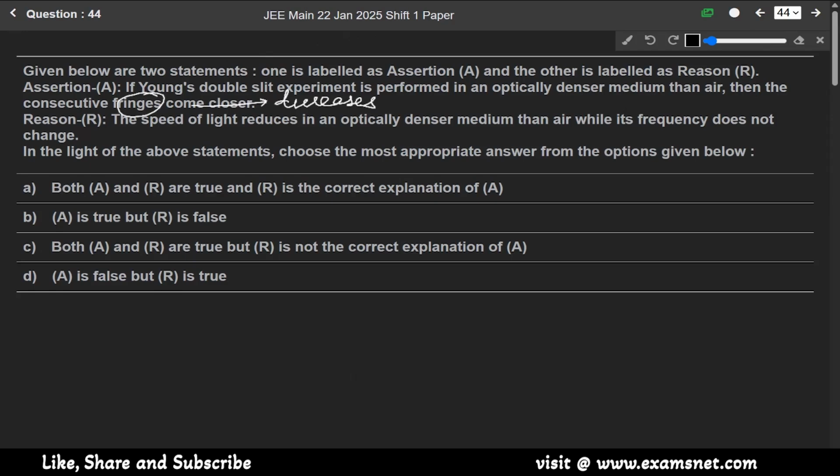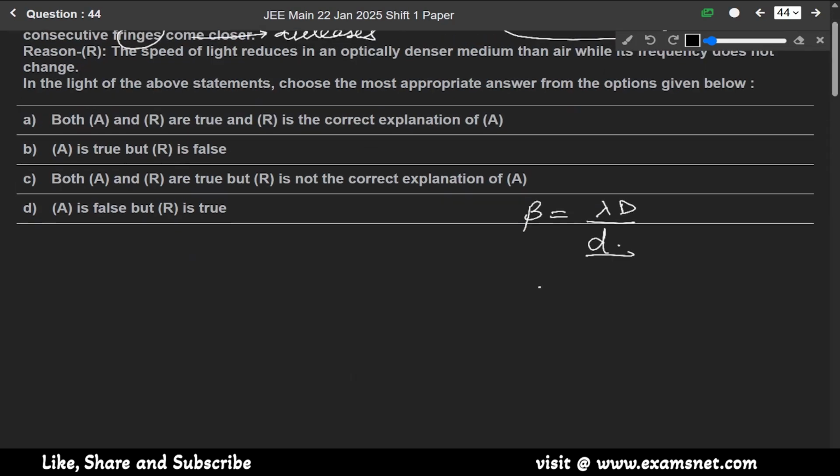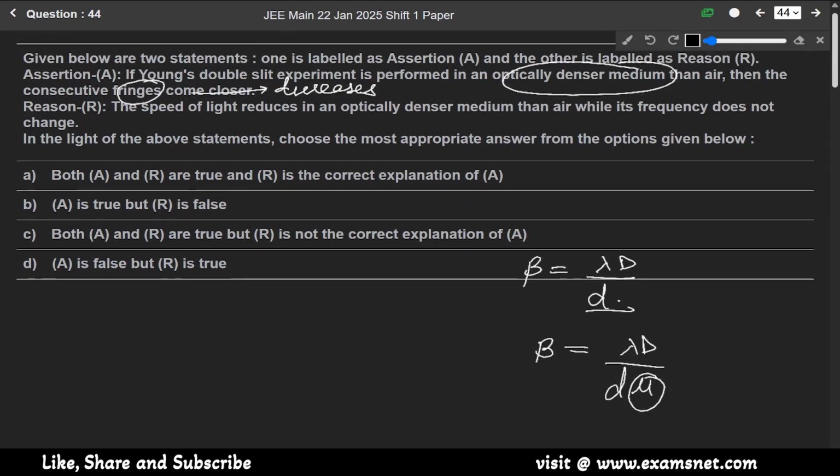So we know that the fringe width beta is given as lambda D over d. Okay. If it is placed in an optically denser medium, for a given medium, this beta will be equals to lambda D over d mu. This refractive index will come. So when the refractive index increases, this fringe width decreases. It means assertion is true.